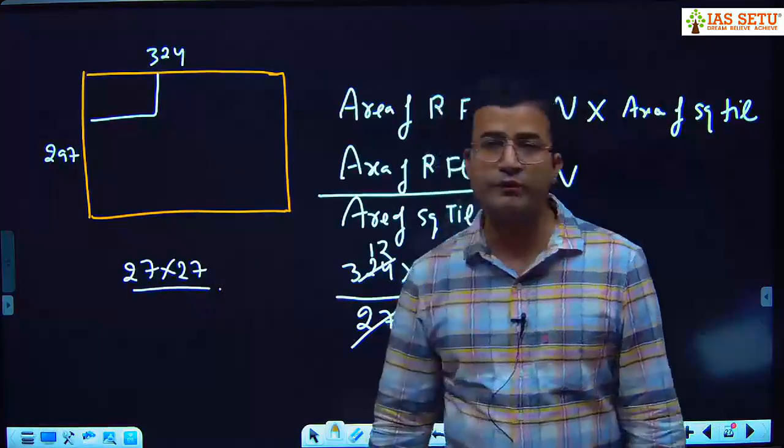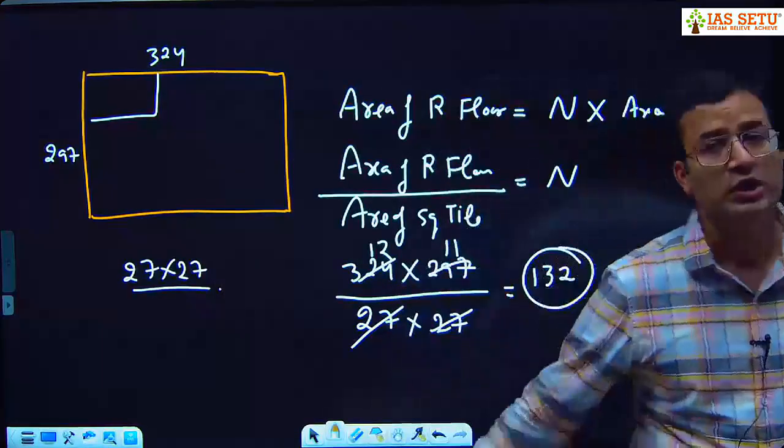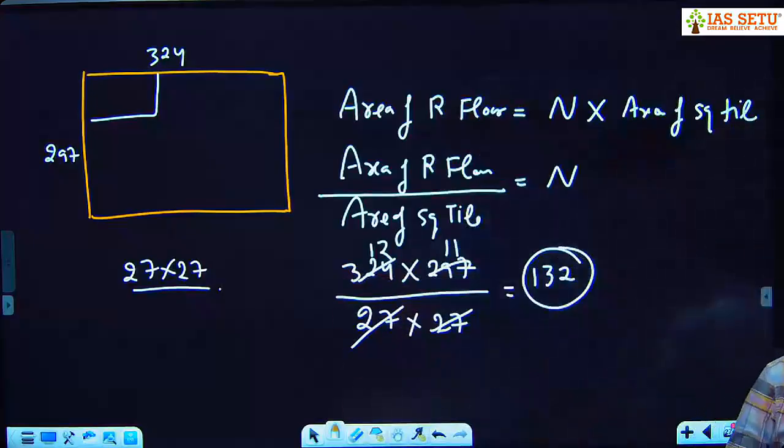So number of tiles used is 132. Size of the tile is 27 centimeter by 27 centimeter. I will dictate one more question, try step by step.